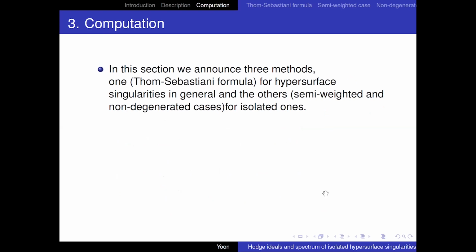All right, let's compute now. So far, I'm going to introduce three methods. One works for every hypersurface singularity, which is called the Thom-Sebastiani formula. The other two are for isolated singularity cases, for the semi-weighted case and the non-degenerate case.